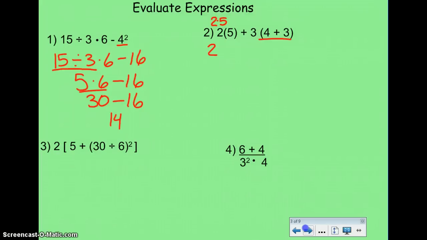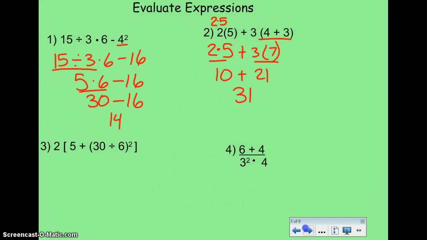So 2 times 5, writing a more traditional symbol for the multiplication, plus 3 times 7. At this point, I have the 2 times 5 as well as the 3 times 7 separated by an addition sign. So I can go ahead and multiply those both at the same time and get 10 plus 21. And our final answer here will be 31.